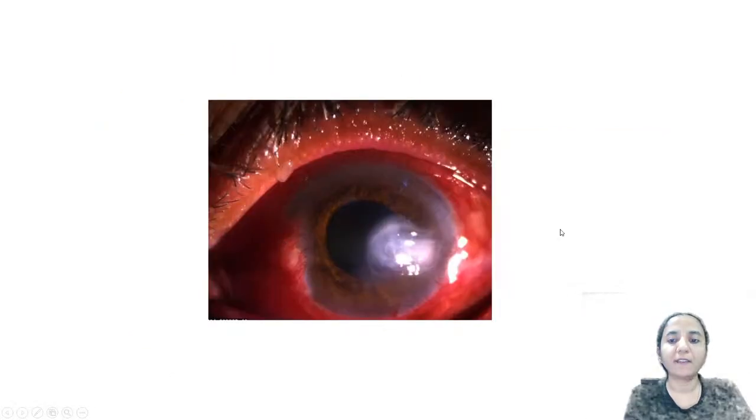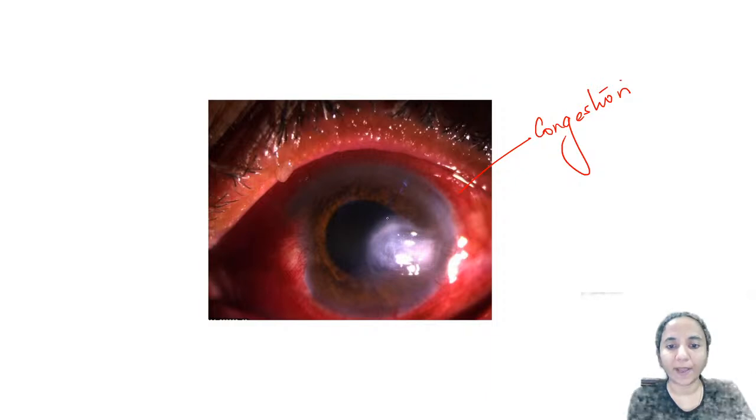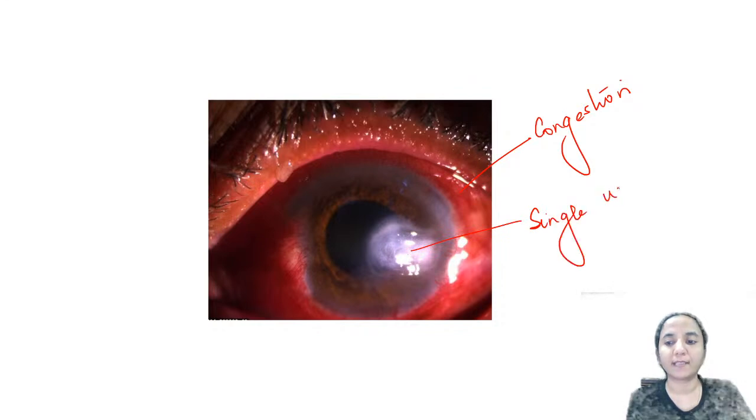See, it's a very, very red eye. So there is a lot of congestion. And where is the ulcer? See this white thing that you see, this is the ulcer. So see, there is a single ulcer, a single lesion. And if I were to finally mark out the margin of this lesion, look at the margin, it's very, very sharp.